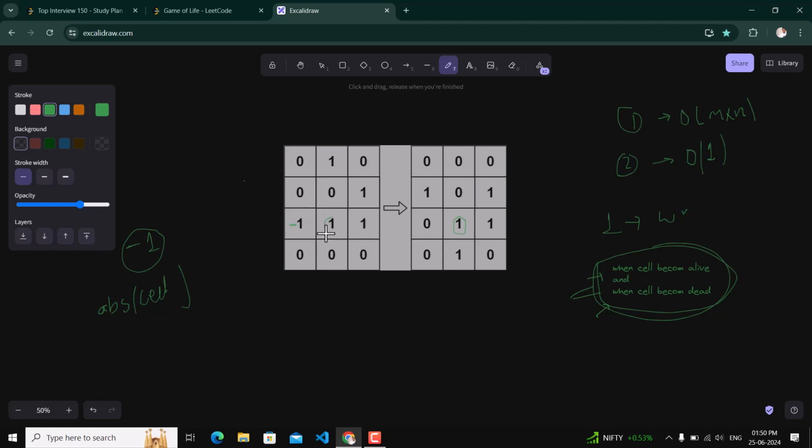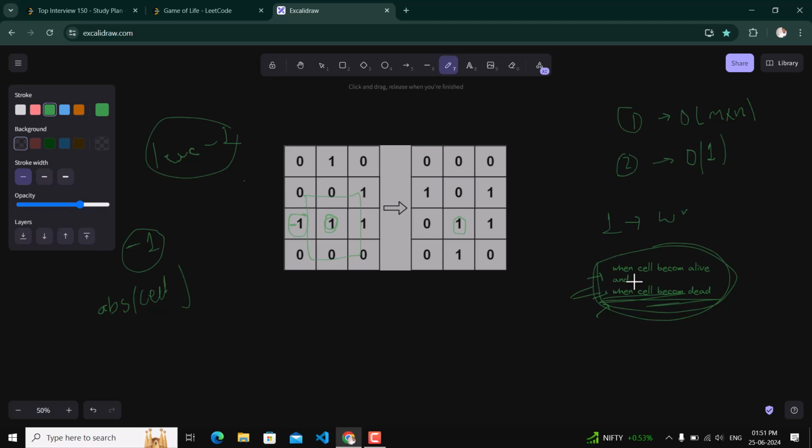Now for calculating this cell, we will compute these 8 neighbors. We are taking the absolute value, so it will be 1 only, because live cells are represented by 1. So in this way we can calculate when a cell becomes dead. This is the first thing we have taken care of.